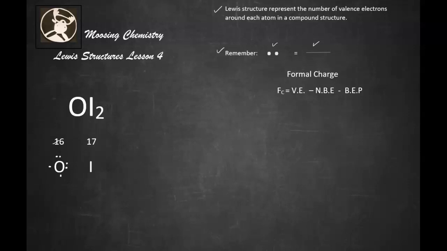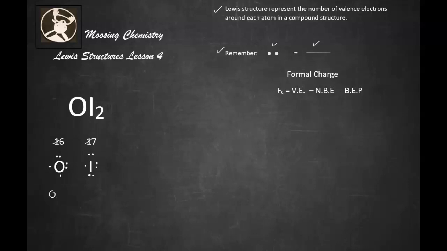All right. Let's look at iodine. Iodine is in group 17, so we have 7 valence electrons. Now let's do our electron valence count.